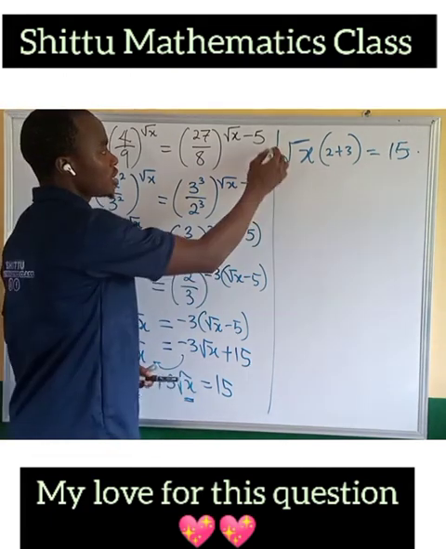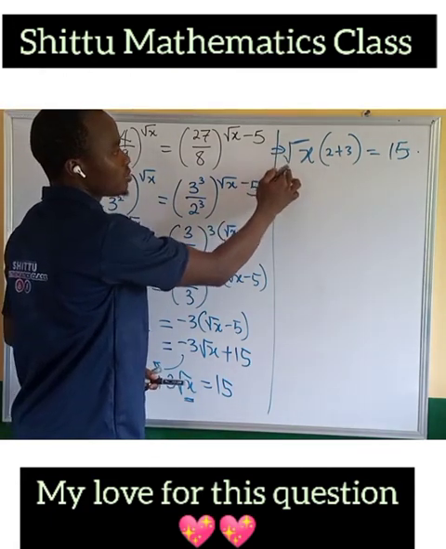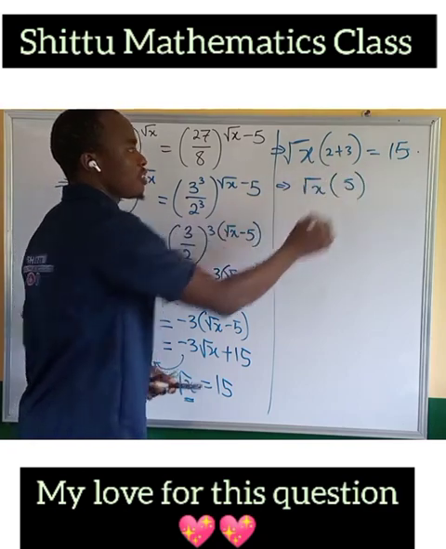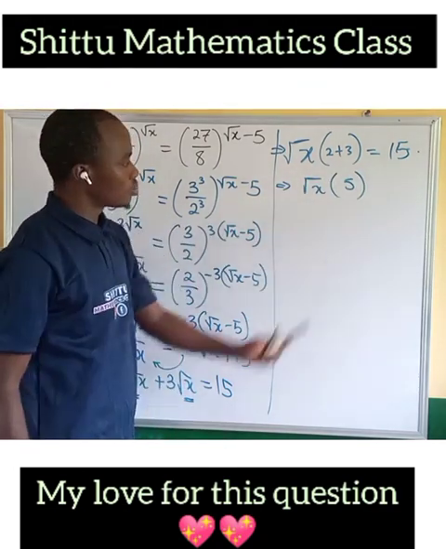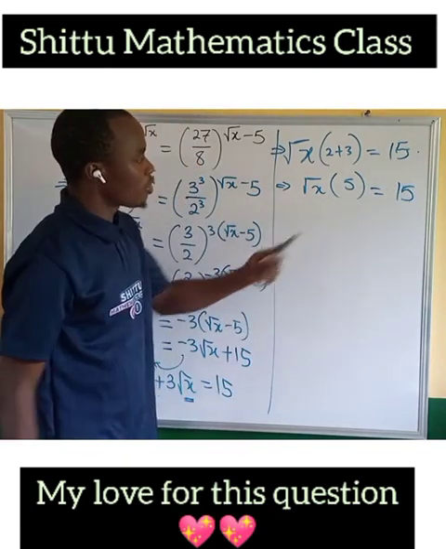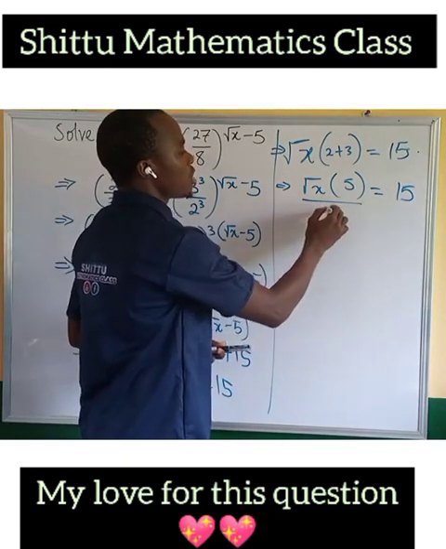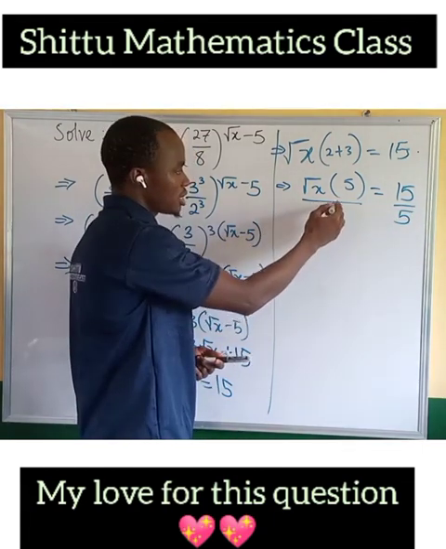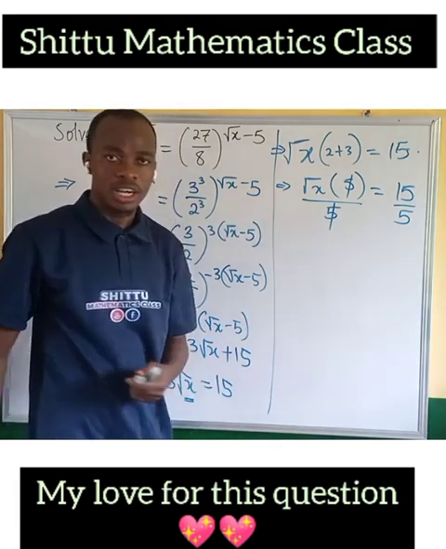Now from here, you can see that we have root x into bracket 5, because 2 plus 3 gives us 5, equals 15. So we can divide both sides by 5, and you can see that this will cancel this. Are you getting it?